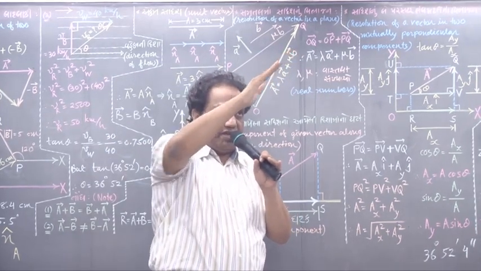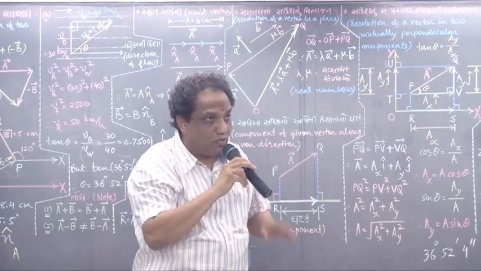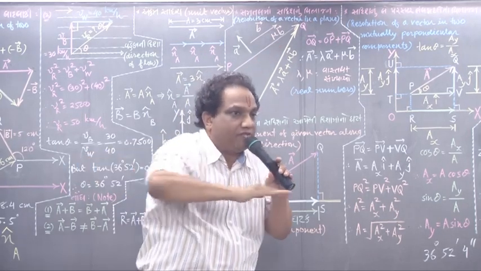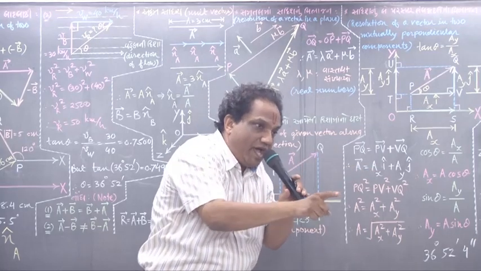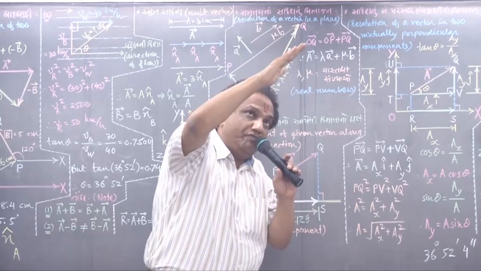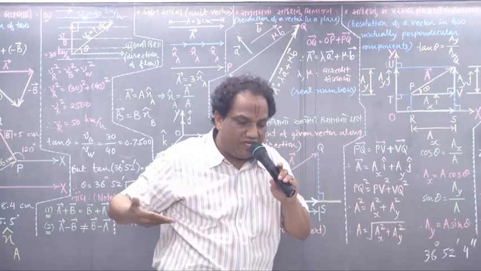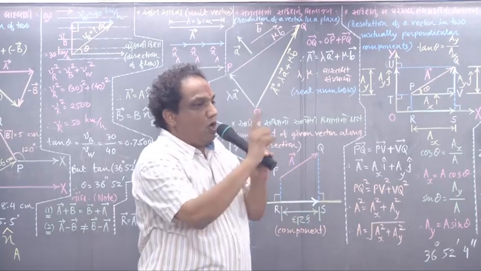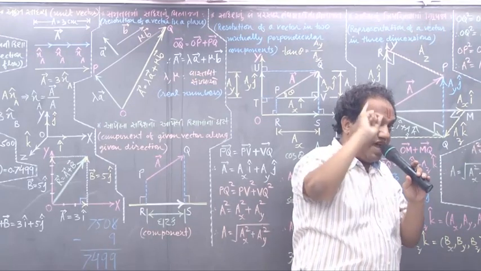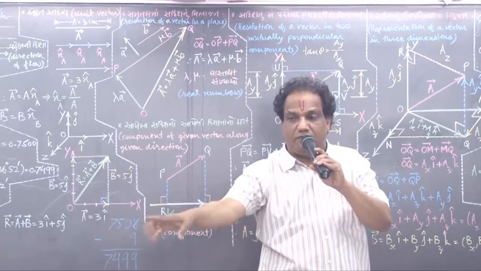Then somebody asks you, out of this force, how much force is effective in this direction? To find that out, you find the component of this vector along this direction. That component will give you how much force is effective in this direction. The component of any vector along any direction gives us the effectiveness of that vector along that direction.